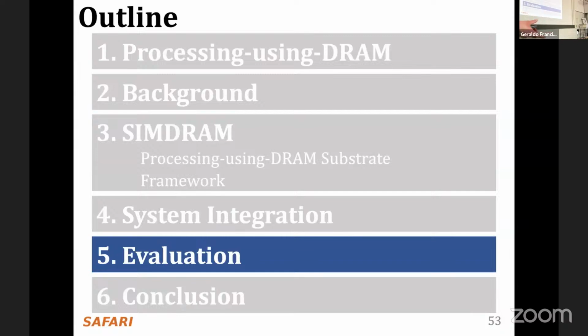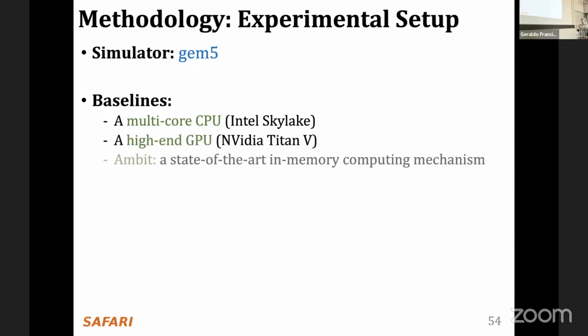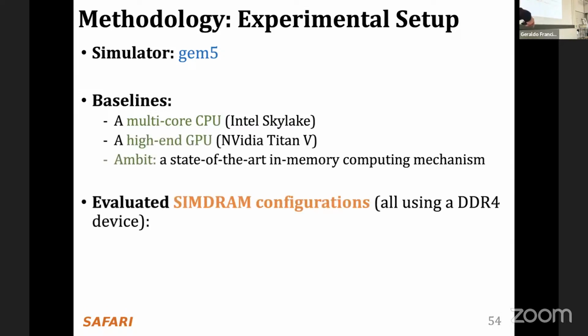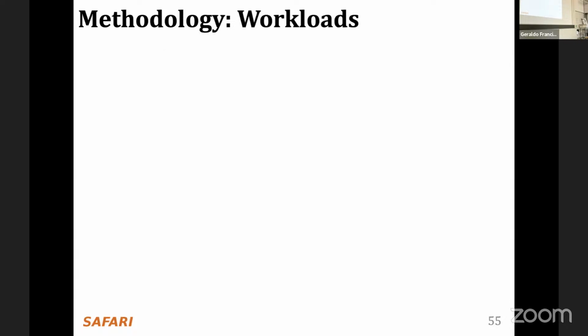I'm going to briefly talk about the evaluation. We evaluate SimDRAM using a simulator, the gem5 simulator, and we compare it with a baseline CPU, a GPU, and a prior processing-in-DRAM system called Ambit. We evaluate several configurations of SimDRAM for a DDR4 device using 1, 4, and 16 DRAM banks.